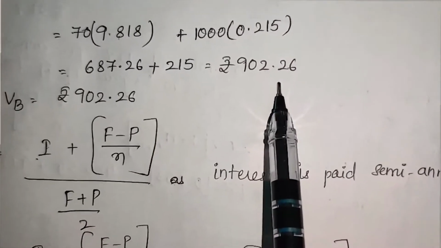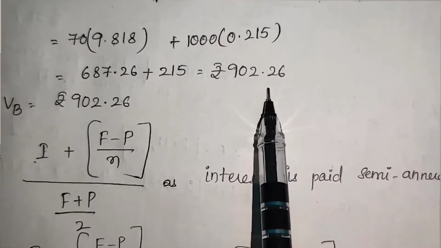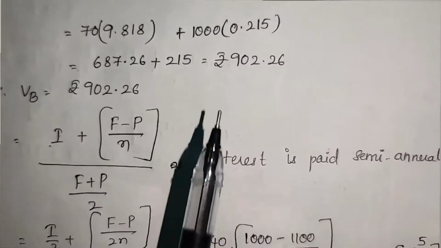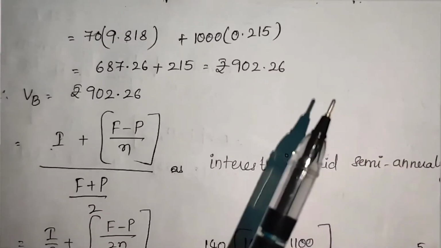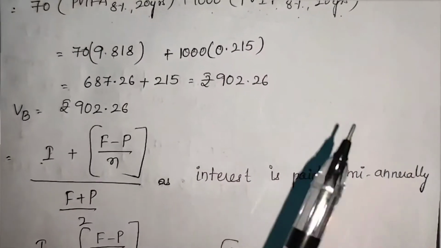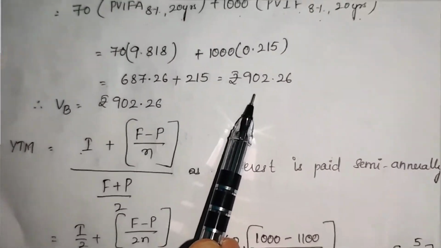So the value of the bond, if interest is paid semi-annually, is 902.26. As the coupon rate is less than KD, the required rate of return, the value of the bond is less than the face value.